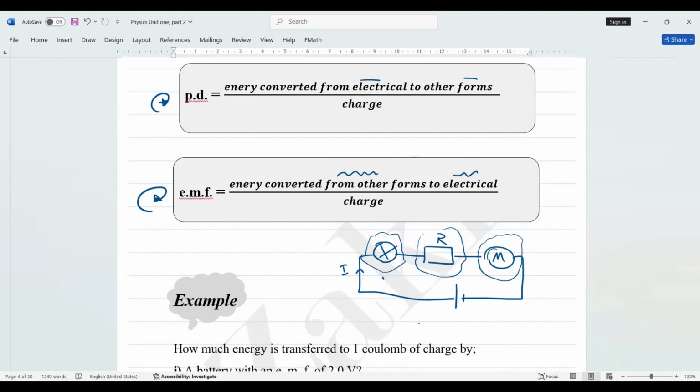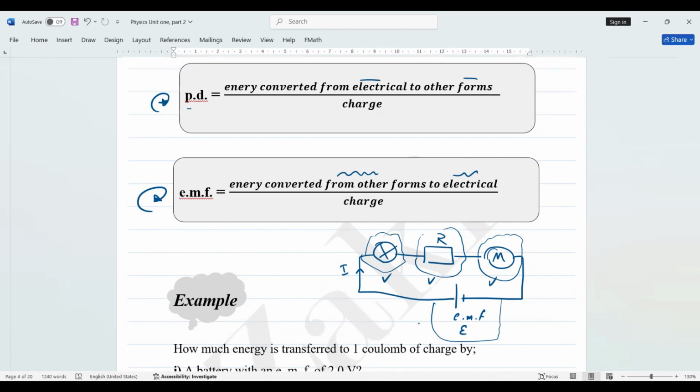So this is called the potential difference. But EMF is inside the cell. It is the energy transferred from any other forms to electrical, from chemical to electrical, from solar to electrical. So this is the difference between potential difference and EMF according to energy conversion.